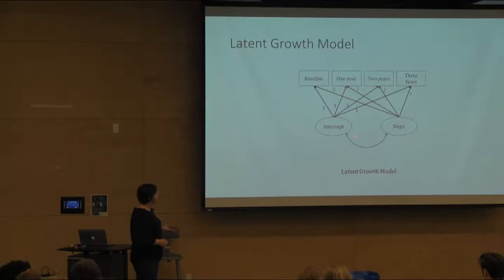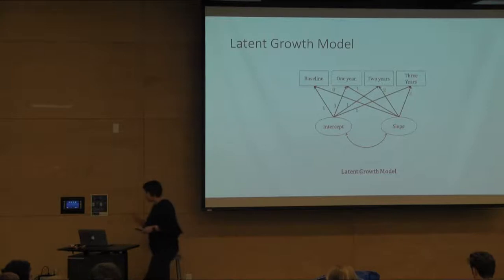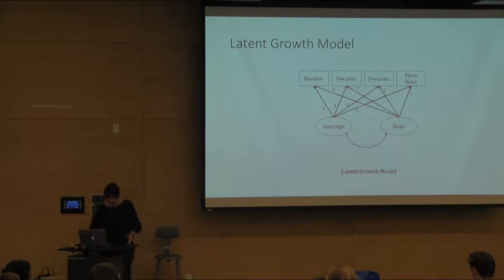This is the way you specify things. You have 4 occasions of measurement here: baseline, 1 year, 2 years, 3 years. You specify the regression weights in order to calculate a slope, and an estimated intercept where the weights are just 1. This allows you to estimate a slope and an intercept from longitudinal data in a mixed effects, in a latent growth model framework.